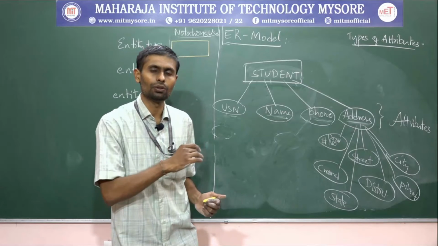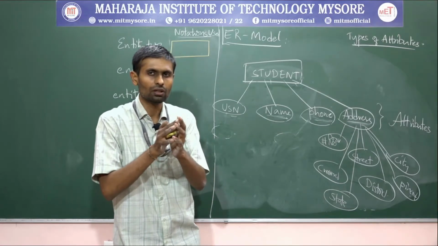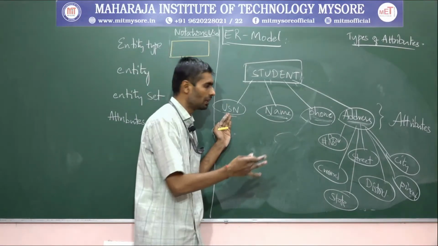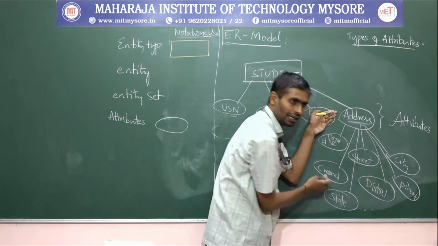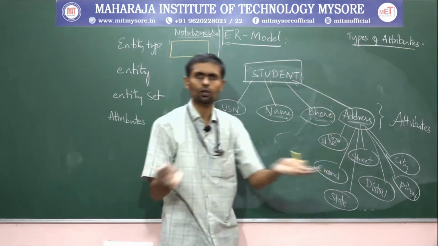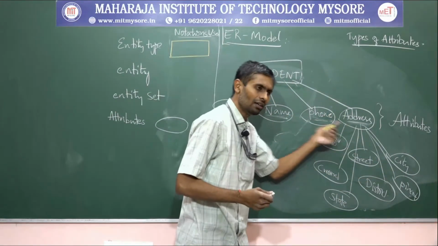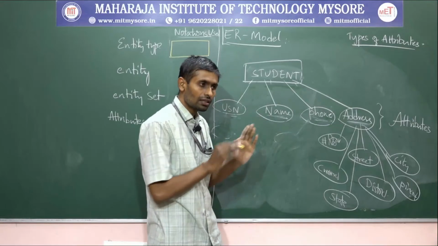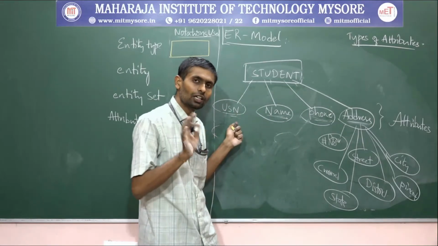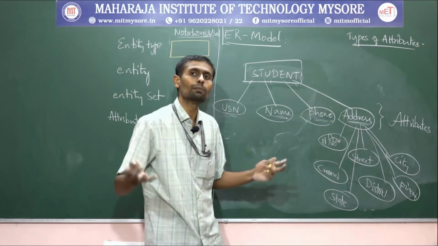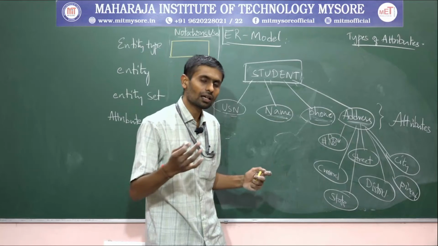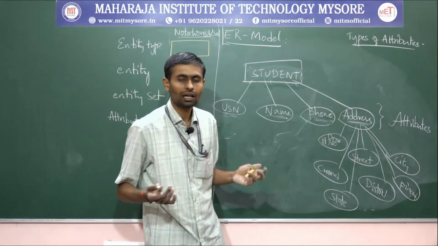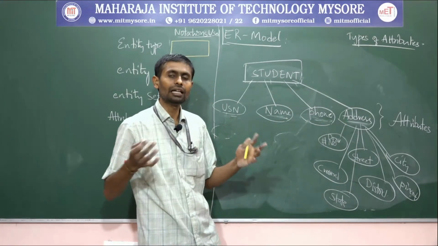So such attributes, when they are not further divisible, look at this one, here it is divisible and contains plenty of components, right? So when any attribute cannot be further decomposed, we can say it has an indivisible format.